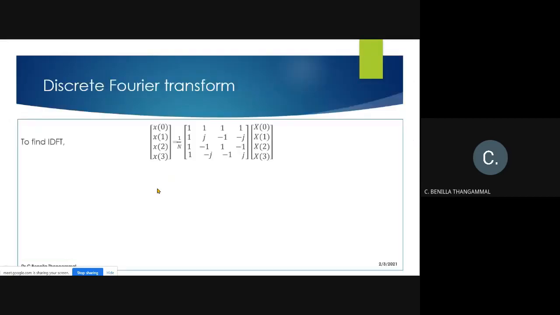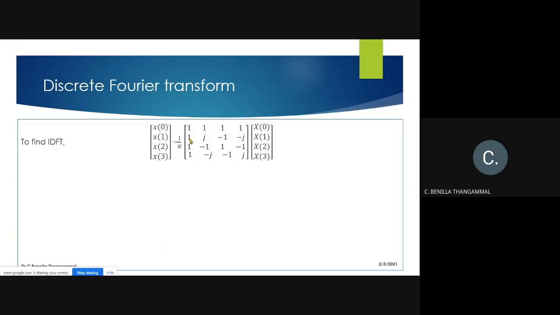Similar to your DFT, you have a matrix method for the IDFT also. Here 1 by n is going to be multiplied with the matrix, and this matrix is also different. You just take the 4 by 4 DFT matrix, and if you exchange row 2 and row 4, you'll get your IDFT.